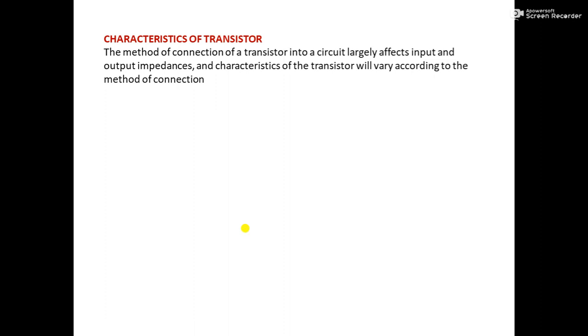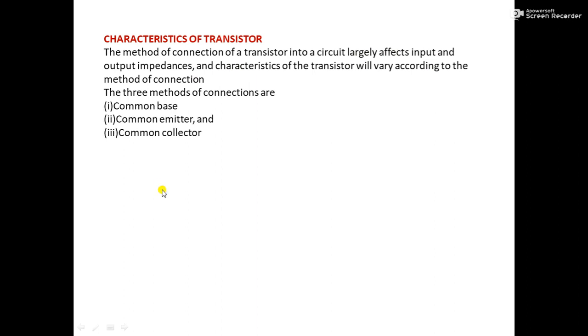Now the transistor characteristics. The method of connection of a transistor into a circuit largely affects input and output impedances, and the characteristics of the transistor will vary according to the method of connection. There are three methods of connection: common base, common emitter, and common collector. This is the common base connection.